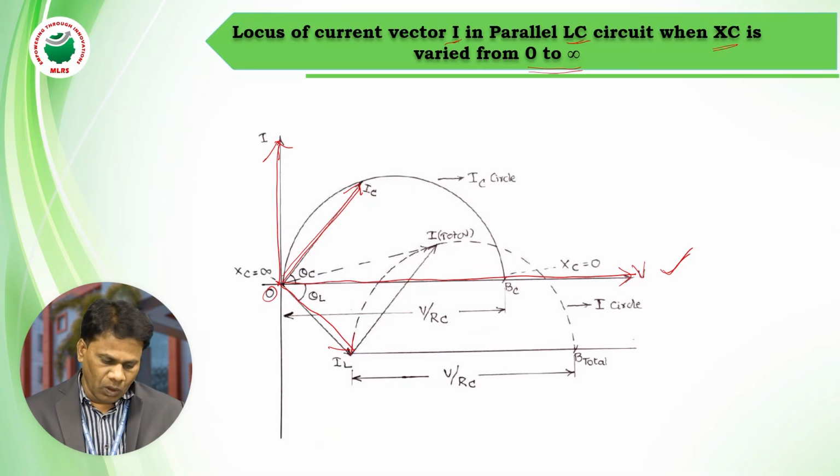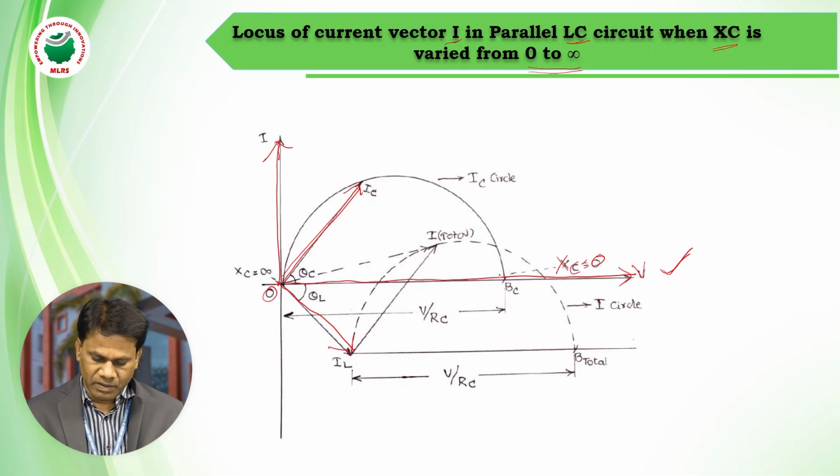If you draw when XC is equal to 0, here XC is the variable element, I am varying it from 0 to infinity. By varying the capacitive reactance, I am considering XC equal to 0.